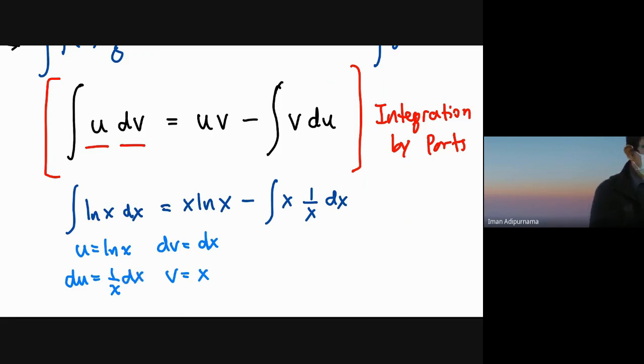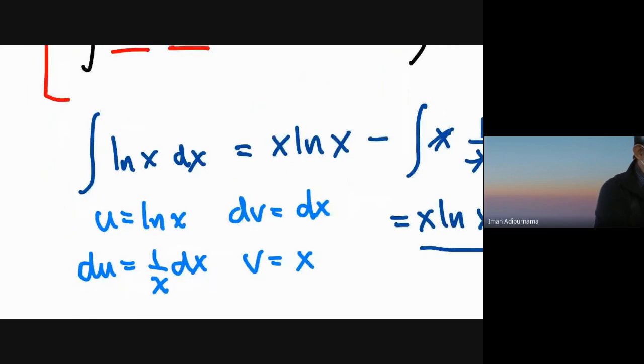We cancel this, and this will result in x ln x minus, this is 1, so it becomes x, plus c. So first we set ln x as u, and dv is dx. From u and dv we find du, which is 1 over x dx. We integrate dv to get x.